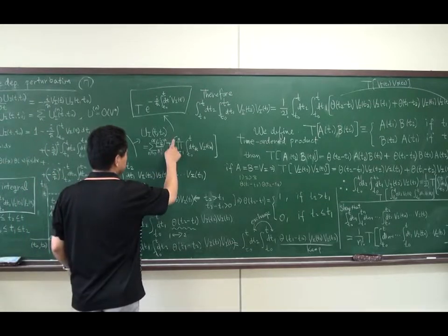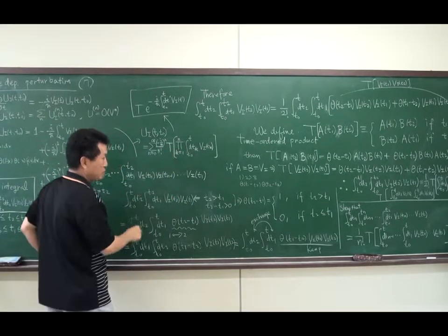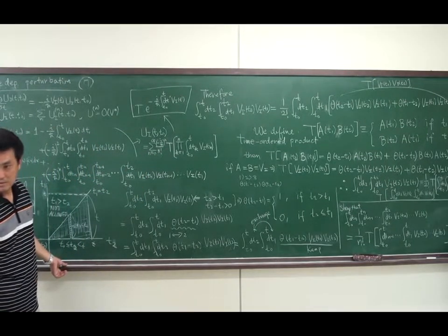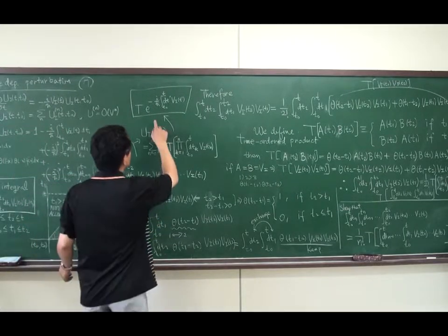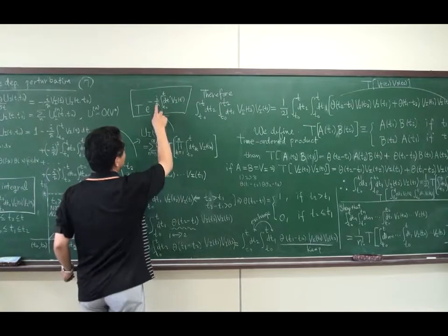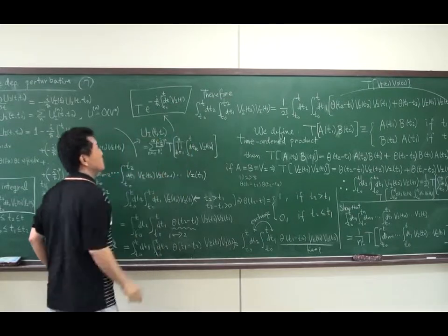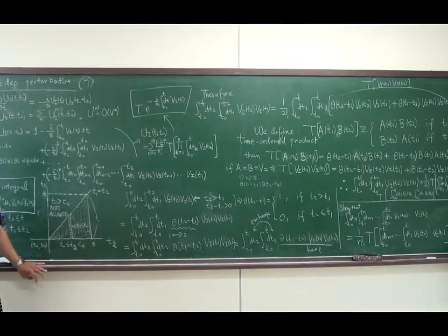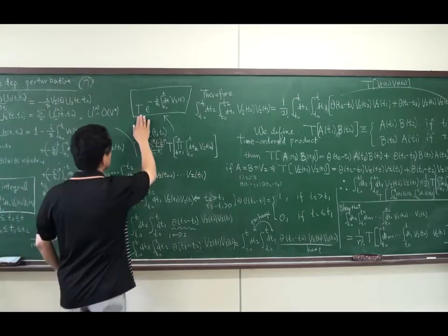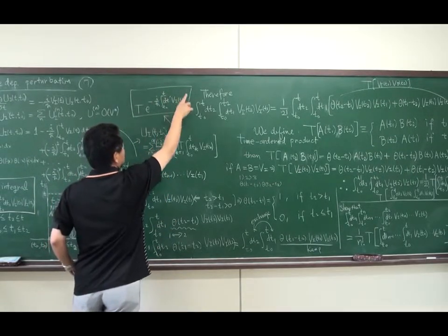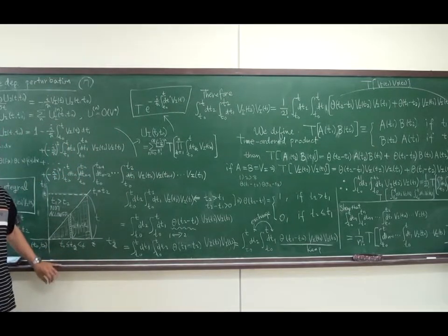And then if I put this time-ordered product operator outside of the summation, what I get is just an exponential: exponential of minus i over h bar integrated from t0 to t of the interaction picture potential energy. So this is U_I(t0, t), expressed like that.